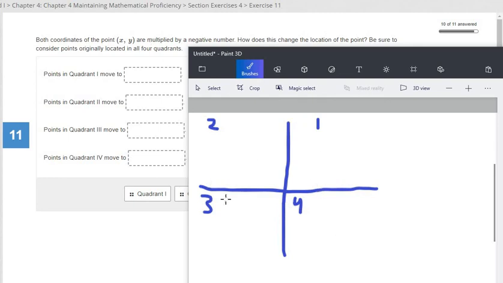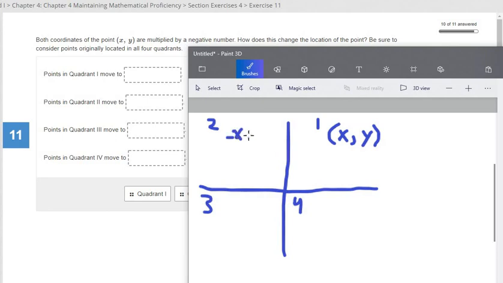So let's think about what the x, y values need to be in each of these coordinates. In here, we're going to have a positive x and a positive y. In here, we're going to have a negative x and a positive y. In this quadrant, it will be negative x and negative y.